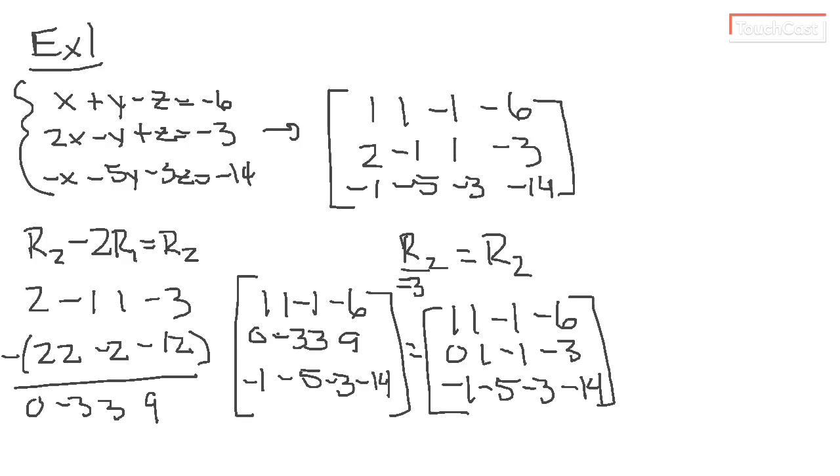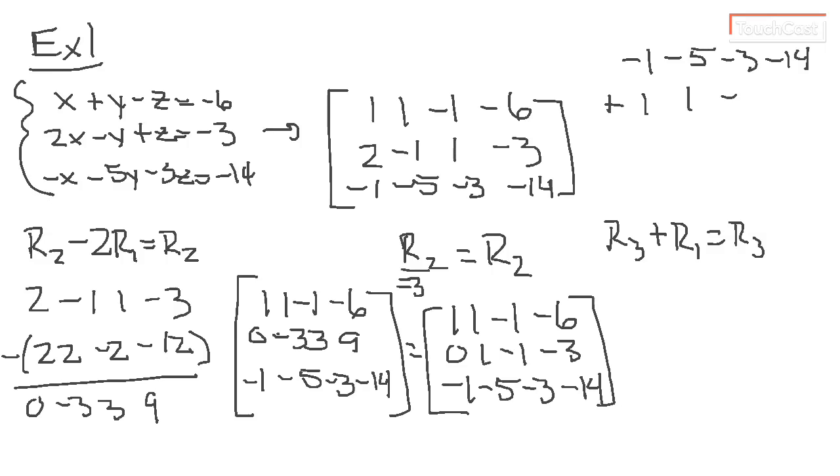Now I'm going to start in on my third row. I'm going to take my third row and add to it my first row and get a new third row. So I'm just going to use the space up here in the top right corner. I'm going to go negative 1, negative 5, negative 3, negative 14, plus 1, 1, negative 1, negative 6.